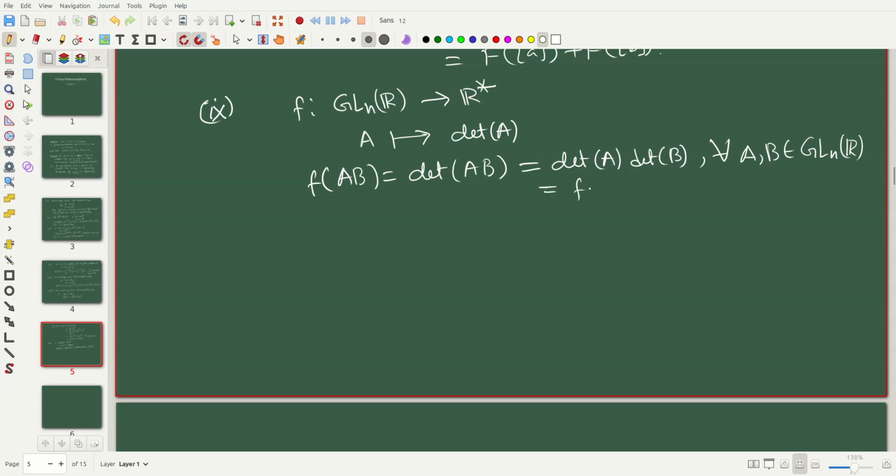This is equal to f(A) f(B). Right. So this is also a group homomorphism.